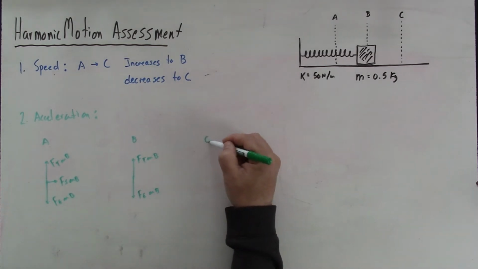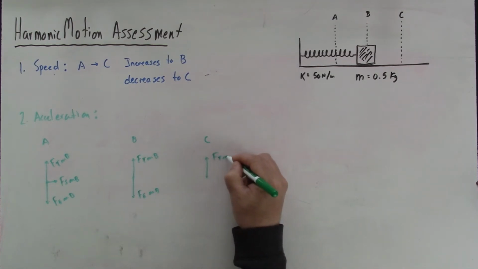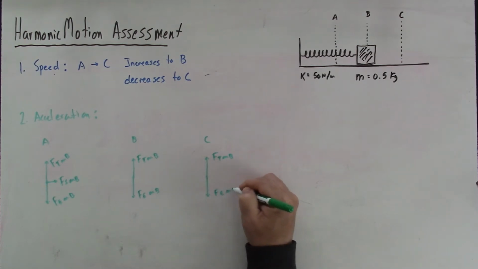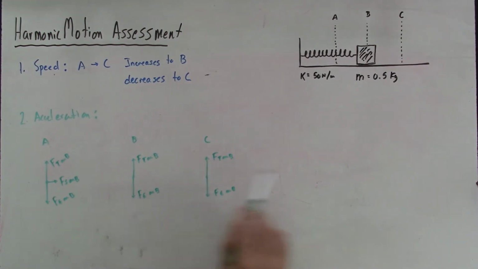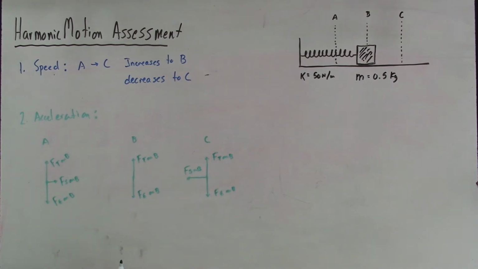And at C, again, we have the force of the table on the block, the force of the Earth on the block, and here the spring is stretched out, so it's pulling it back. Force of the spring on block.